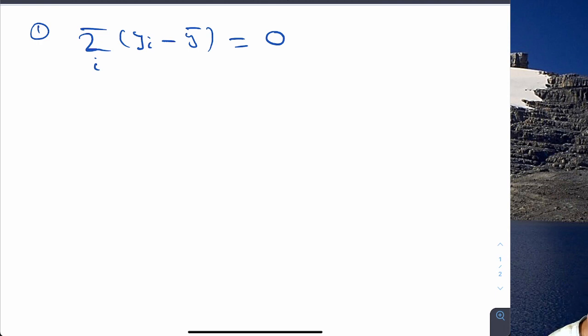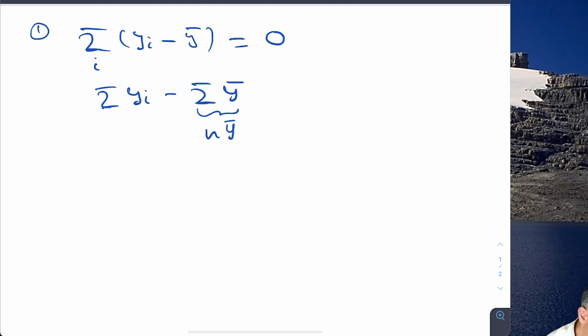You can see this very easily by simply expanding these and realizing that this is more or less the definition of the mean. So if we take this sum, this right here is equal to n times y bar, because y bar, the mean, doesn't depend on the index, it's a constant, and so we simply have n copies of it.